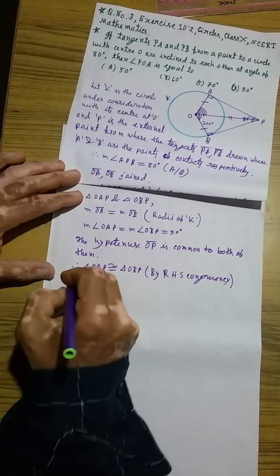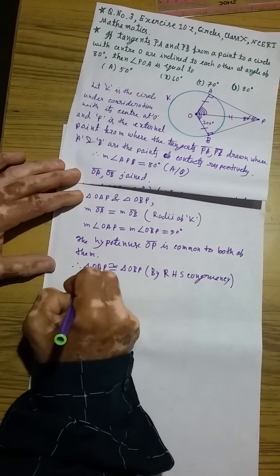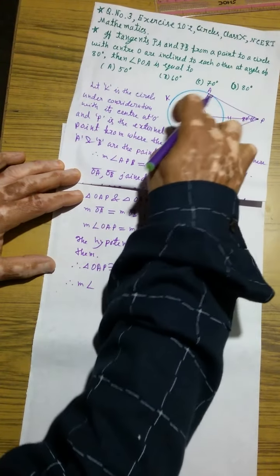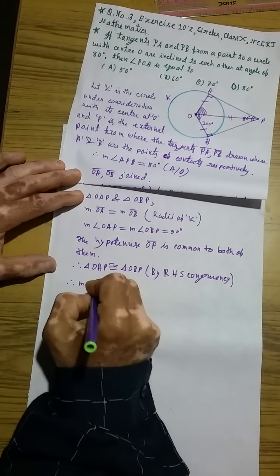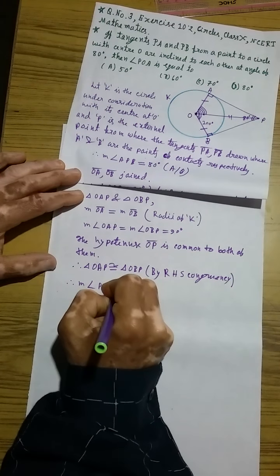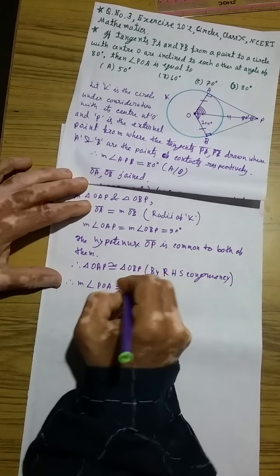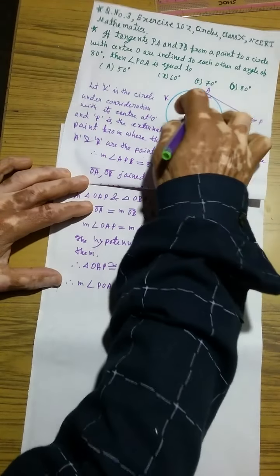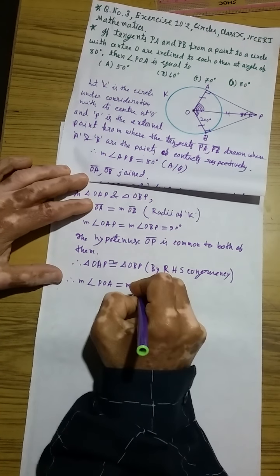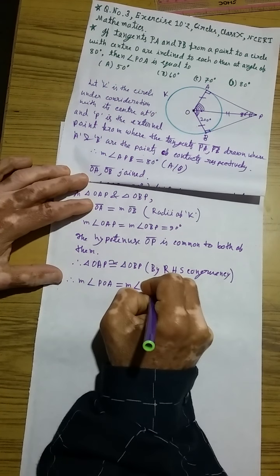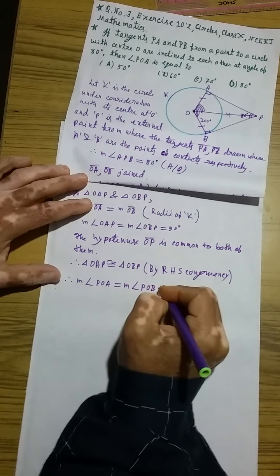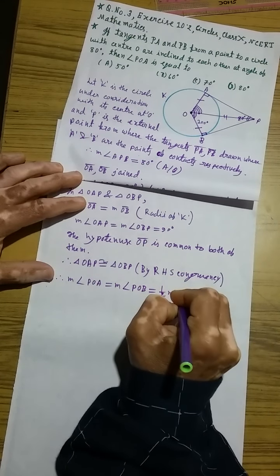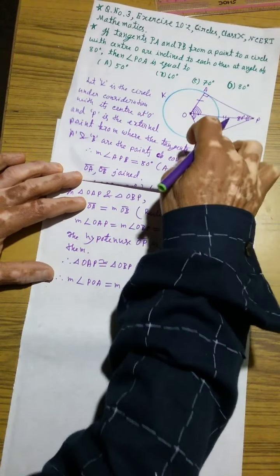After this, write in this way: therefore, measure of the angle POA, which we have to determine, is equal to measure of the angle POB, which is equal to half of the measure of the angle AOB.